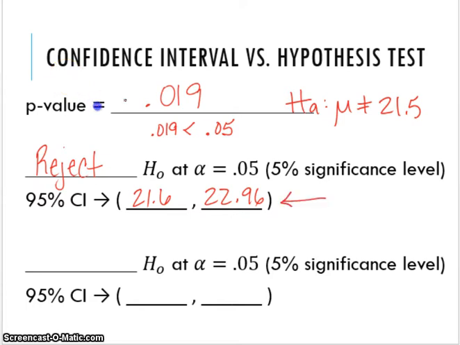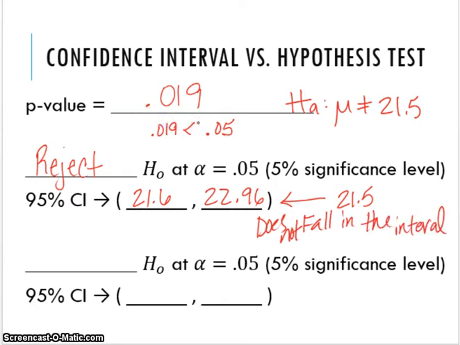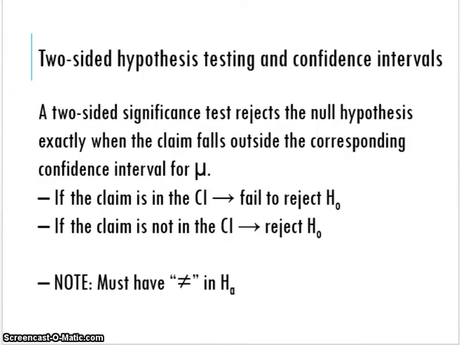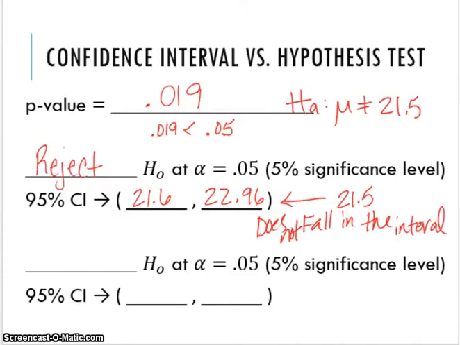And you will see here that 21.5 does not fall in the interval. So we reject. If you look up here, if the claim is not in the interval, we're going to reject the null.